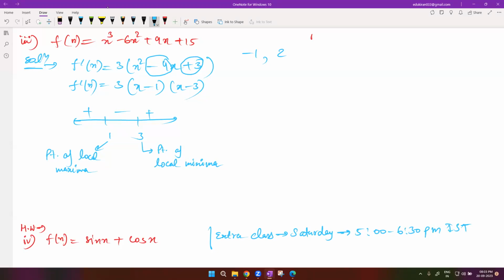Okay. You can also find out the value of the function f(x) at 1. f(1) is 1 minus 6 plus 9 plus 15. This should be 25 minus 6, which is 19. And then f(3). We put 3 here, 27, and that gives 15.